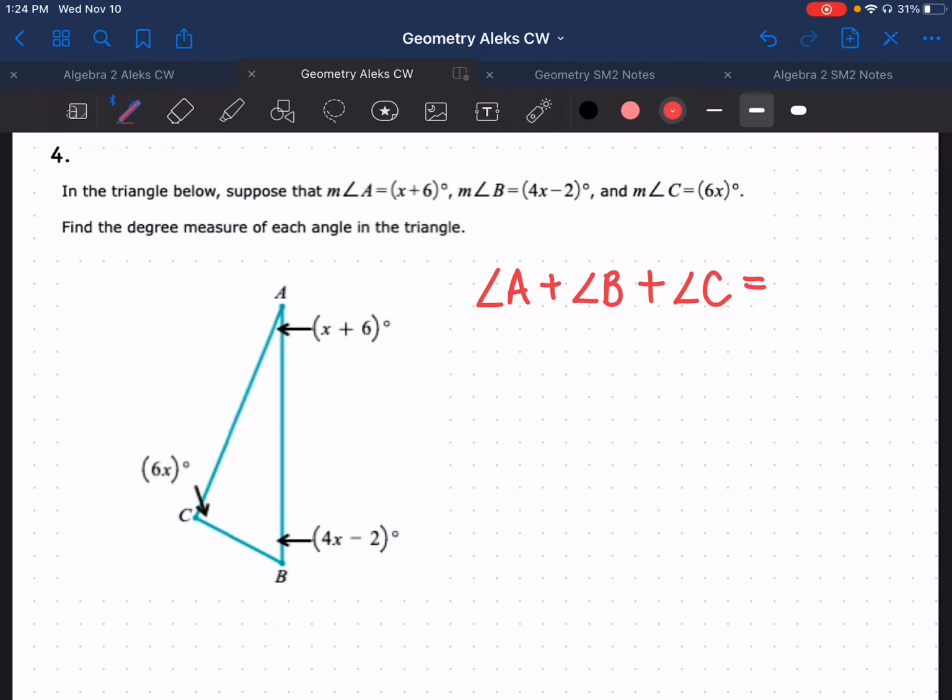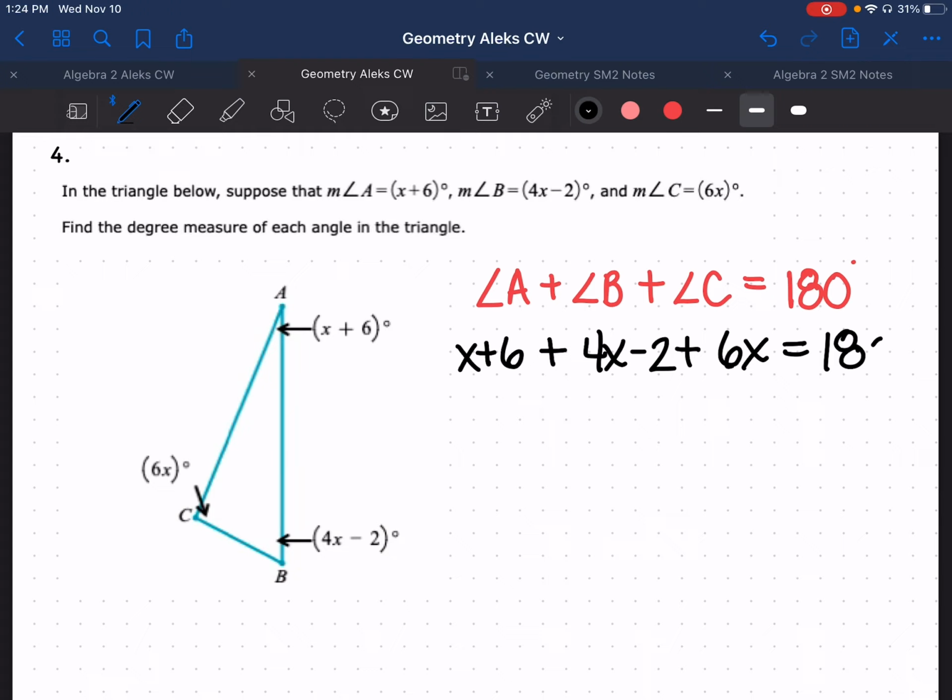L plus M plus N is equal to 180 degrees. So let's go ahead and start filling in, substituting in our expressions for A, for B, and lastly for C.